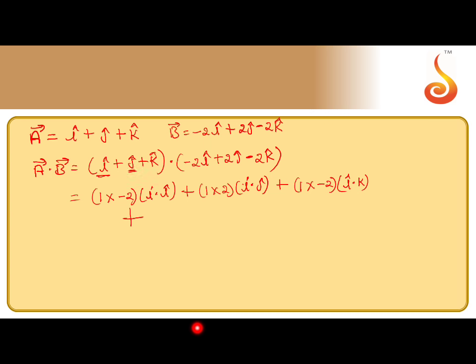Plus, now I am taking j: 1 into minus 2 j dot i, plus 1 into 2 j dot j, plus 1 into minus 2 j dot k.